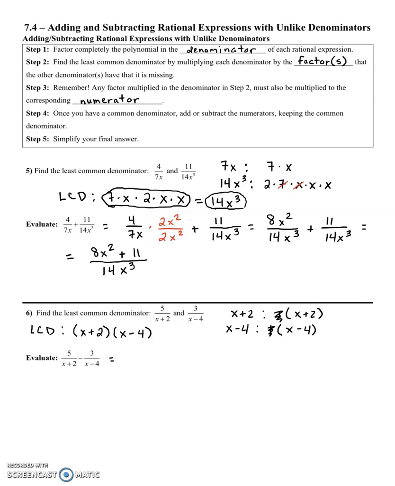Okay, so to make our two expressions here have the same denominator, we have 5 over x plus 2, and we need to multiply that by what's missing between that denominator and our least common denominator. So what's missing is an x minus 4 over an x minus 4.